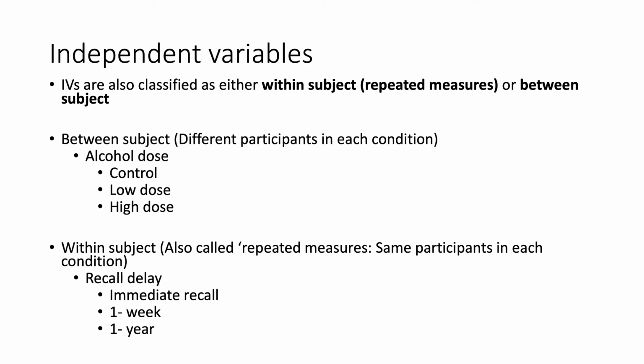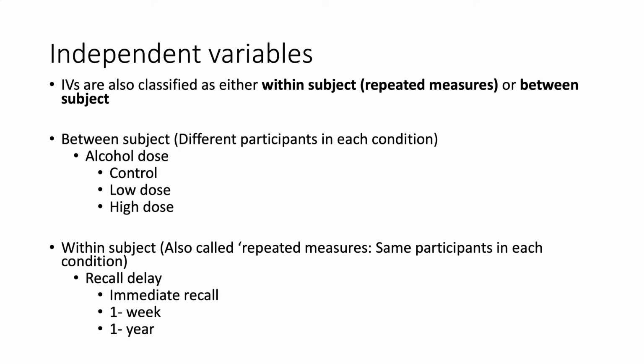Now this contrasts with the design that we refer to as repeated measures, also called within subject designs, and this is where you've got the same participant in each condition. So imagine you wanted to conduct a study of memory, and then you're going to measure how memory changes over time.